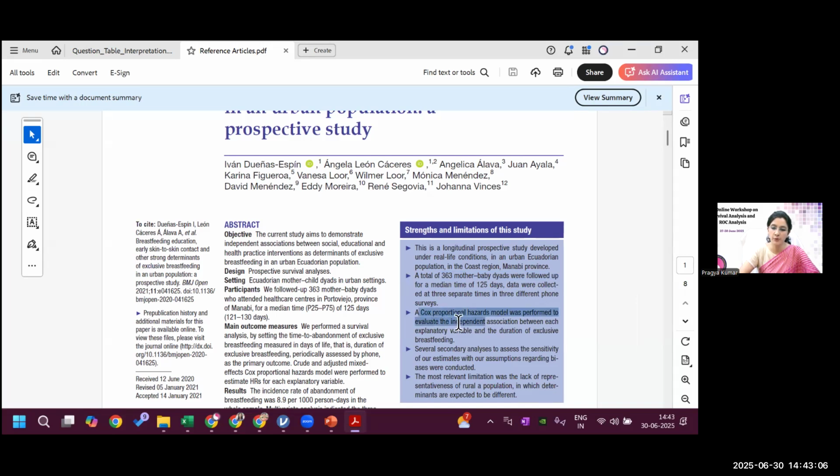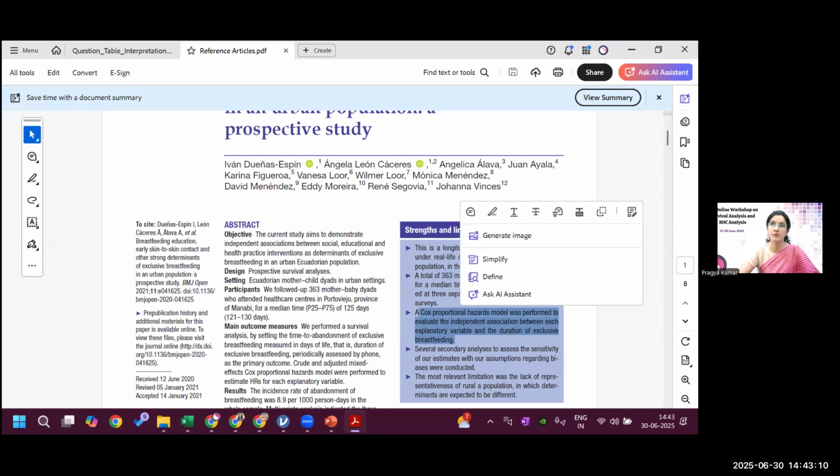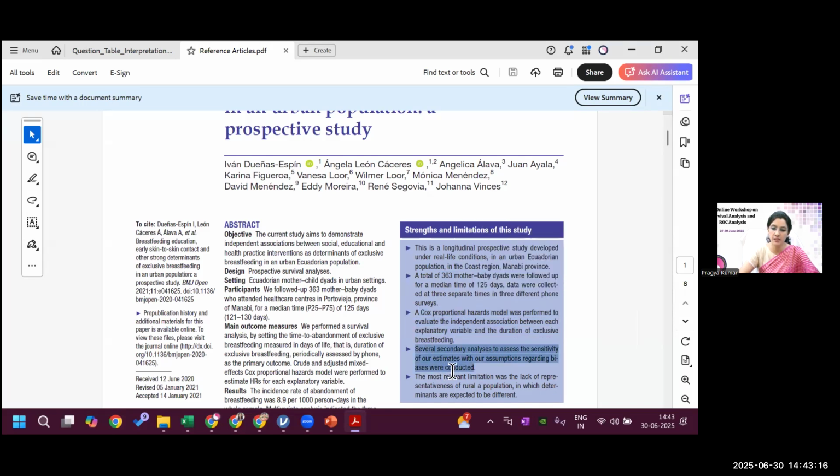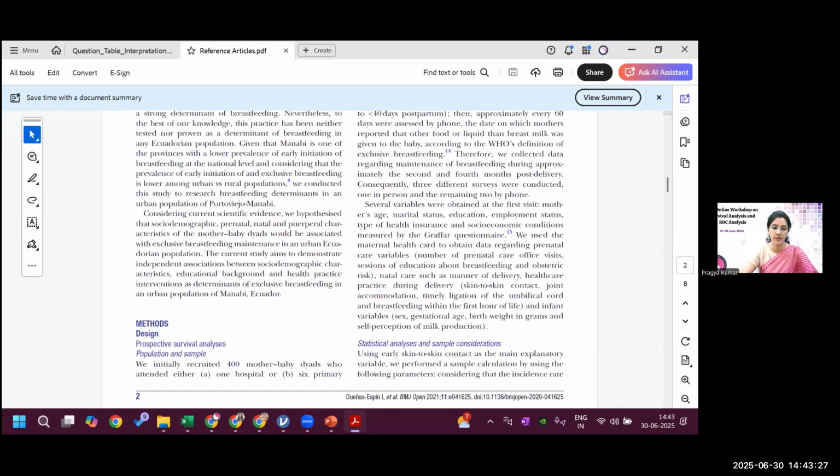A Cox proportional hazard model was performed to evaluate the independent association between each explanatory variable and the duration of exclusive breastfeeding. Several secondary analyses assessed the sensitivity of the estimates. The most relevant limitation was the lack of representativeness of the rural population, because they did not include rural people.